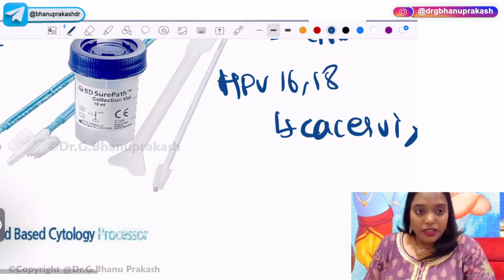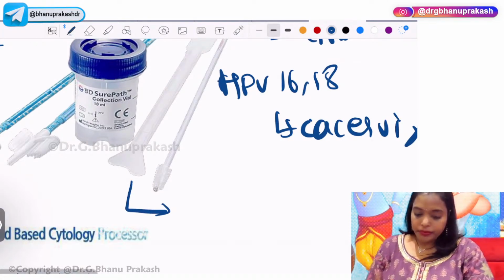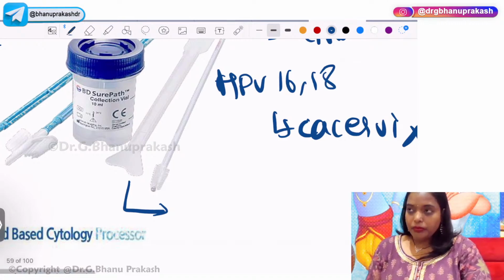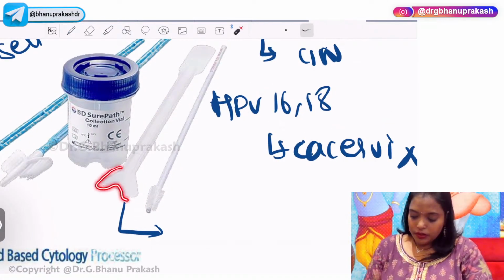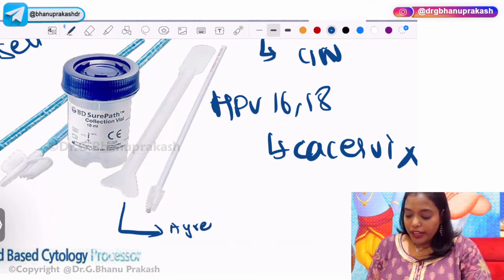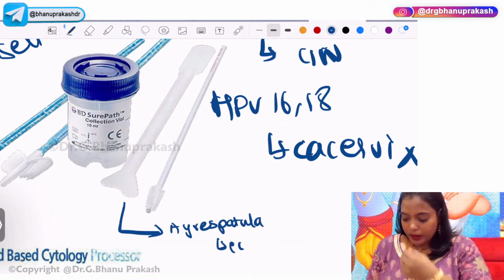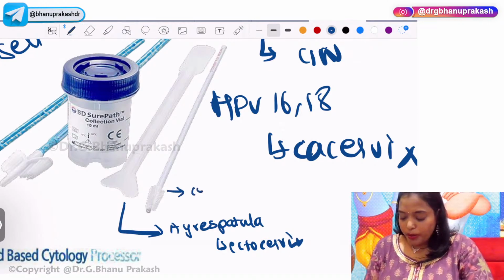What is this brush? This is called Ayre's spatula, which you mainly use for the ectocervix. This is the cytobrush.